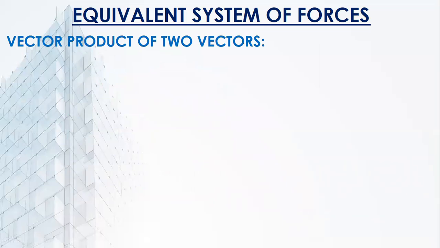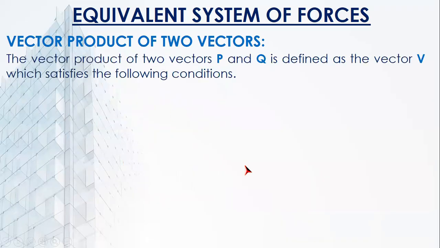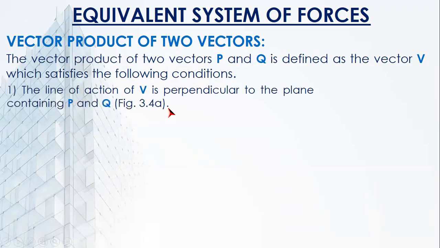Okay. So part of this topic involves the vector product of two vectors. So let us first review the vector product of two vectors. The vector product of two vectors P and Q is defined as the vector V, which satisfies the following conditions.